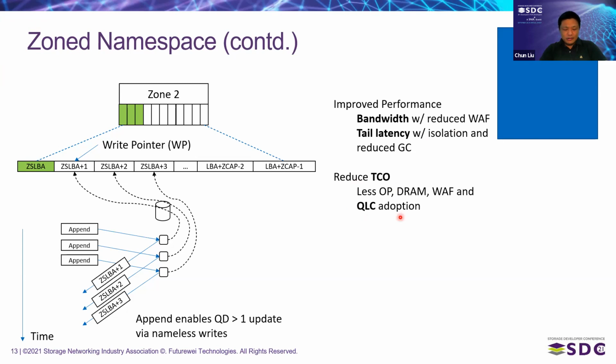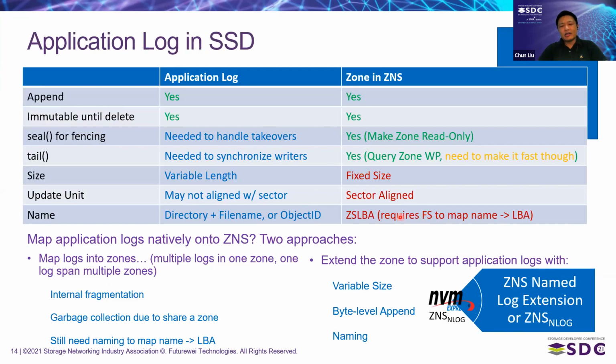It's all very good, but can we do more? Can we do better? Can we directly map application logs onto zones, even the logs for distributed systems? Let's compare the application logs and the zones. Both are append only, both are immutable until delete.